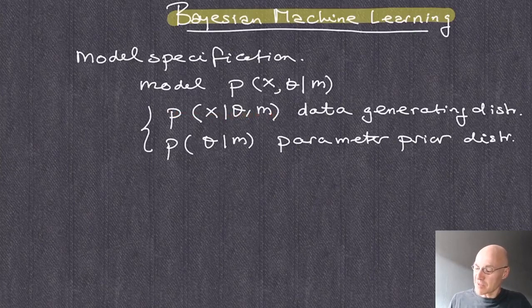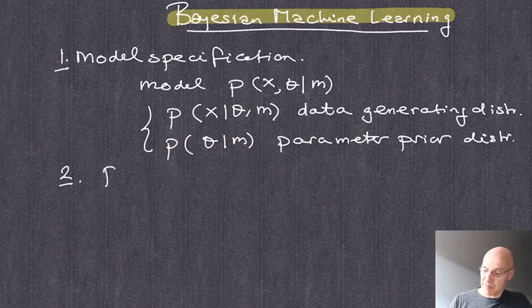This data generating distribution assumes that you know the parameters. What do you really know about the parameters? Well, you specify that in this distribution, in the prior distribution. So this was the model specification. 2 is parameter estimation.